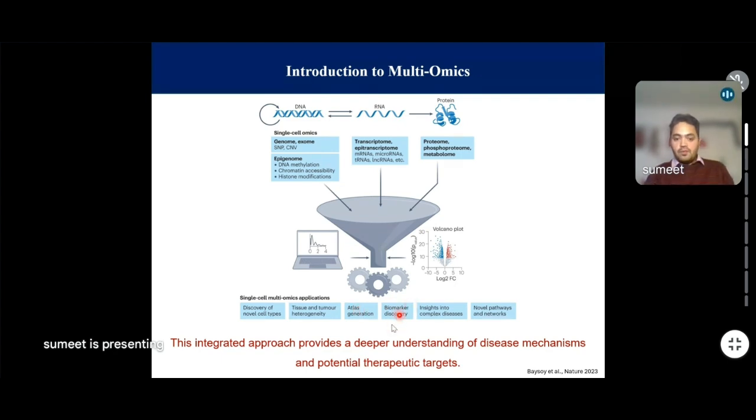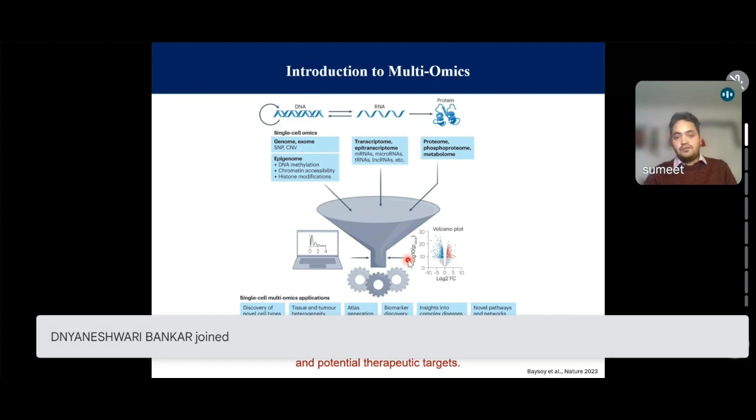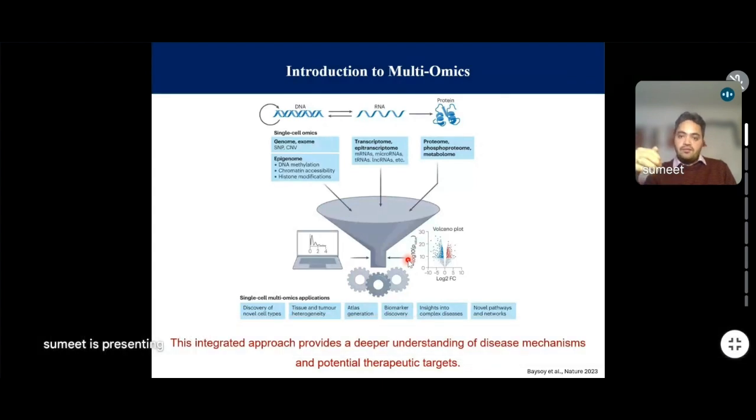It could be used for biomarker discovery, meaning can we have some predictive biomarker? For example, someone has cancer. Can you predict whether a family member in the same family will have cancer or not? So there are some predictive biomarkers which people can use. There are also companion diagnostic biomarkers, meaning that if someone has been given a drug, you can actually predict whether that person will respond or not.